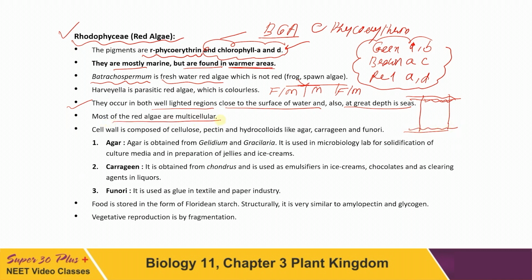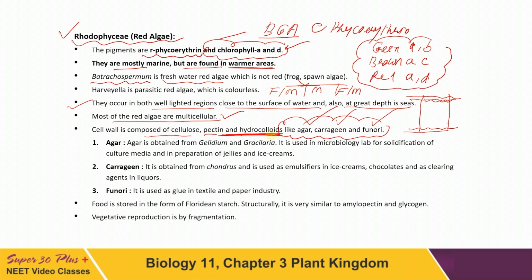Most of these are multicellular. A few are unicellular also. The cell wall is composed of cellulose, an inner layer, surrounded by pectin and hydrocolloids, water-loving substances. Some of the important hydrocolloids are agar, carrageenan, and floridean starch.